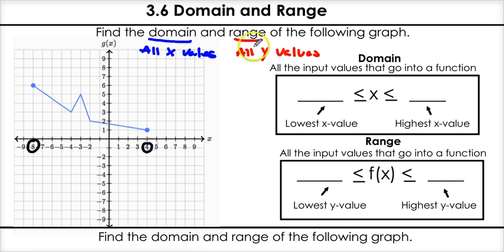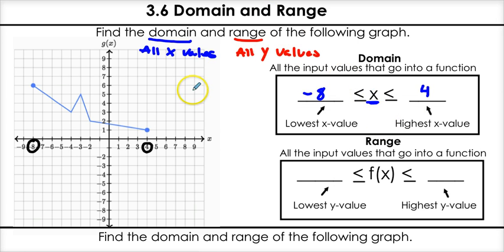So the domain of this function goes from -8 to 4. And this is just the way we write it: -8 is less than or equal to x, which is less than or equal to 4. What that's telling us is that x is in between 4 and -8. Okay, so this is how you have to write it.